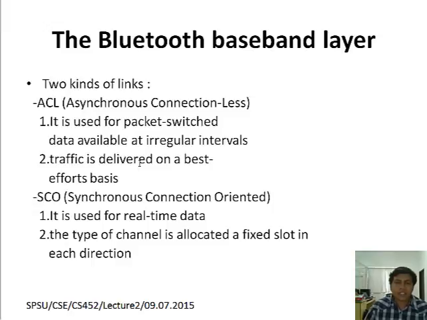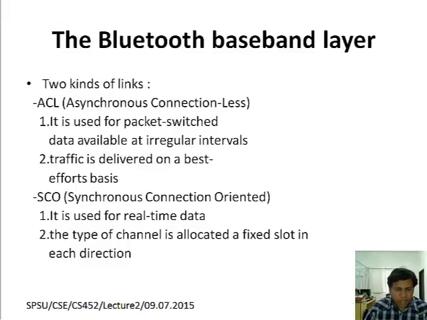This traffic is basically best effort traffic. The ACL frame uses an odd number of slots, and with more slots it can achieve a maximum data rate of up to 721 kbps. Because of the frame format, if I show you the calculation, you can understand it better.